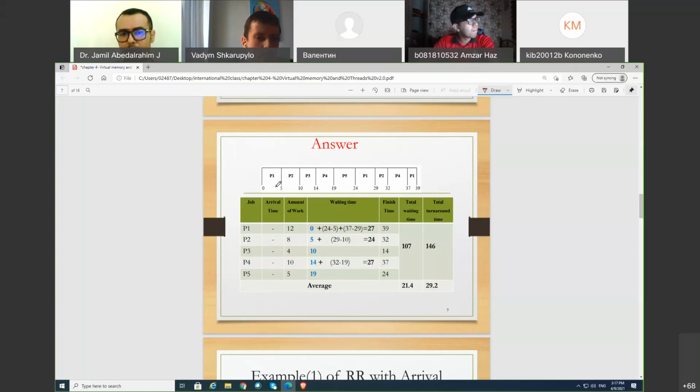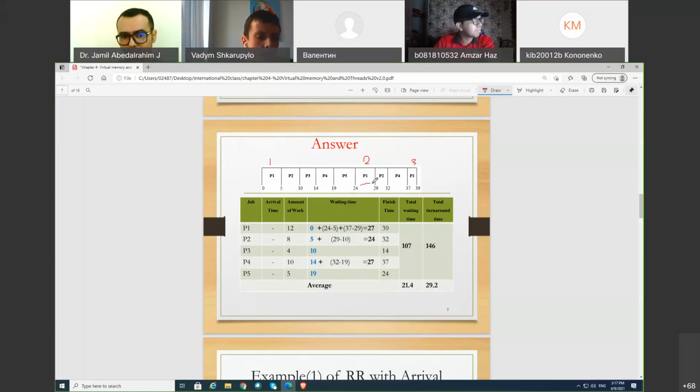How many periods of P1? We got 1, 2, and 3. So there are 3 periods of process 1. So we count the start time. In the beginning, we start from 0 plus the start time of the second period.